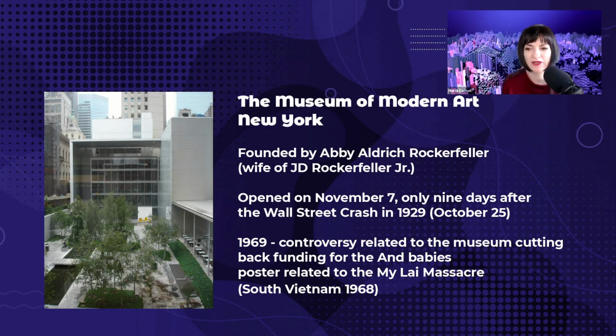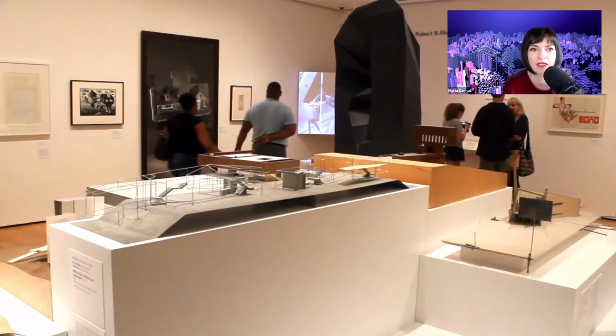So I want to talk about a main facilitator and enabler of modernism. And I often discuss this institution that I'm going to briefly present right now, the Museum of Modern Art in New York. This is an institution that mainly focused on modernism, and it supported a lot of modernist designers and artists.